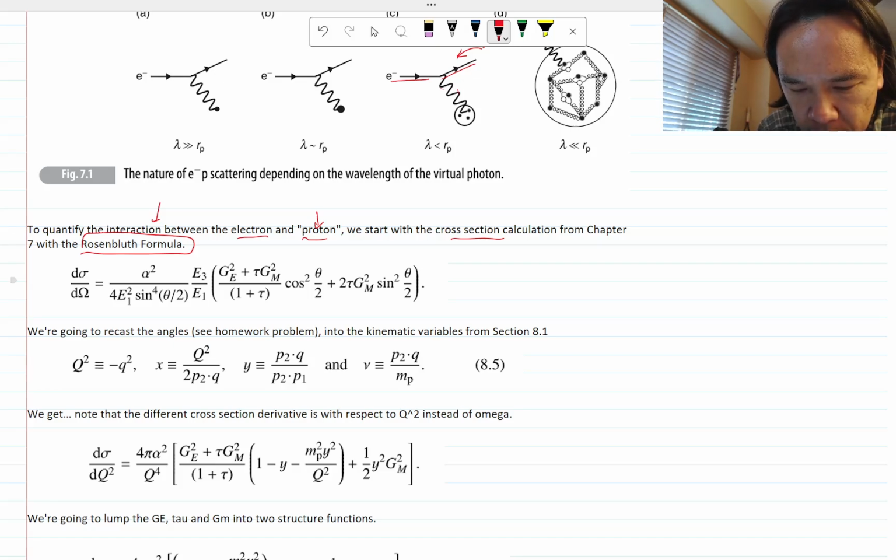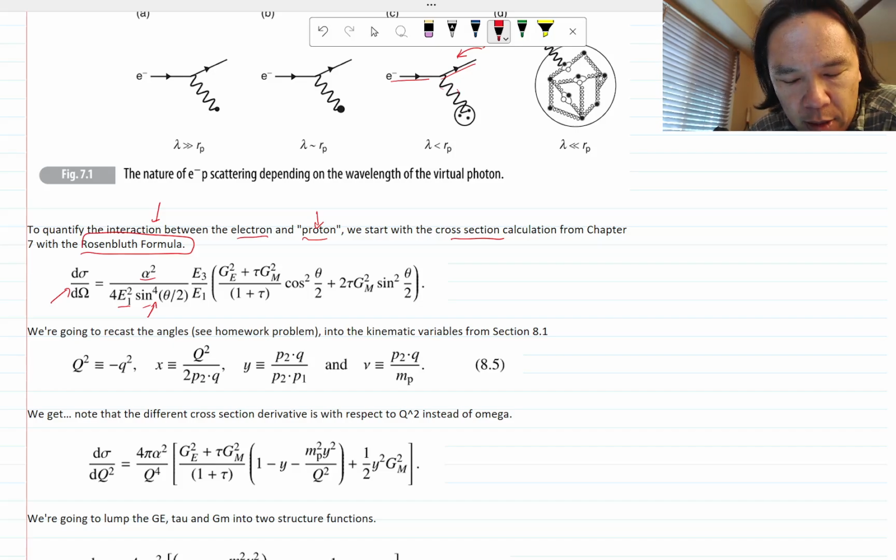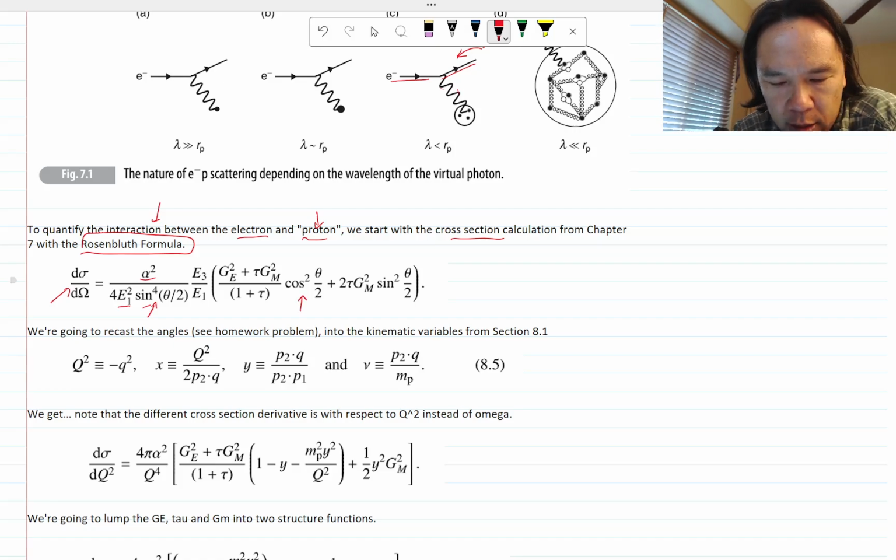The Rosenbluth formula is the differential cross section where you have this alpha squared, 1 over E, the incoming energy of the electron, squared. You have this Rutherford factor from the sine to the fourth power. And we also have the Mott scattering, which contains both the charge coupling between the electron and the proton, and also the magnetic spin-spin coupling between the electron and proton.